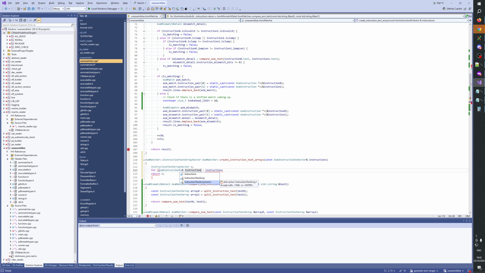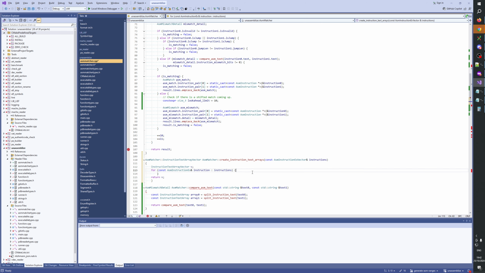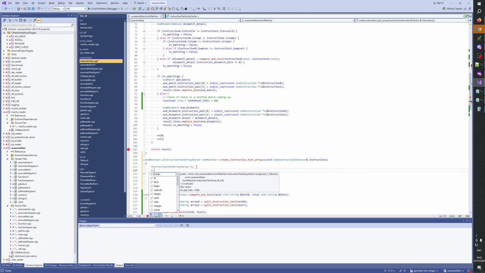Instruction const instructions, and hold on, let's do v dot resize.